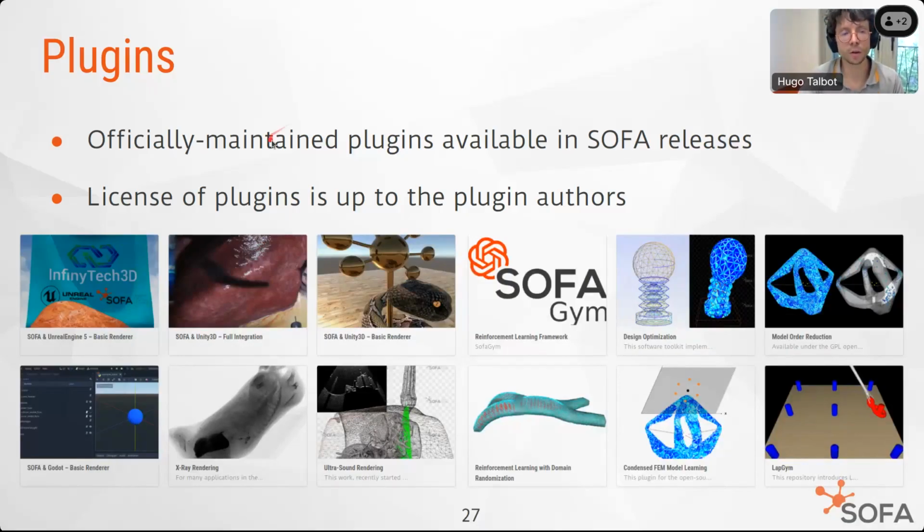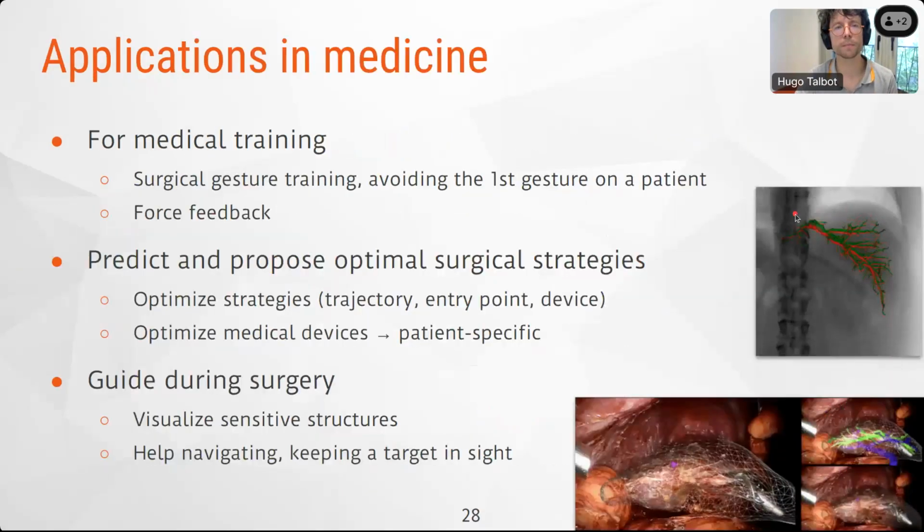You can have rendering plugins that mimic X-ray imaging, ultrasound imaging too, and a various set of plugins for instance for soft robotics and numerical methods too. So do not hesitate to visit the website and check out the various additional features brought by all those plugins.